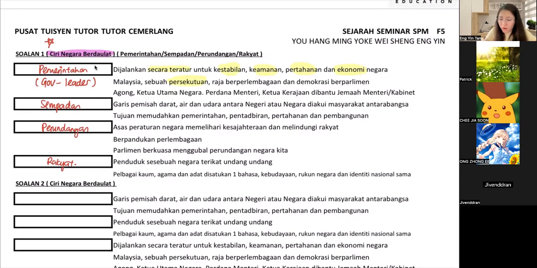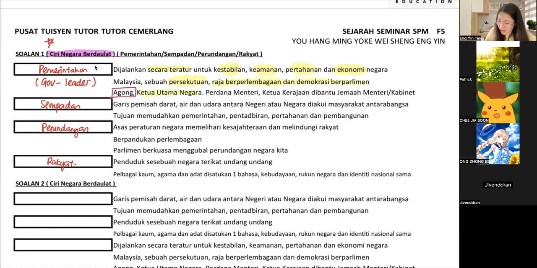And then our government system is Raja berperlembagaan dan demokrasi berparlimen. So meaning we still have the king. At the same time, we are democratic. Berparlimen. So you see, I am explaining our government. And right now, let me introduce you my leader. For our country, we have Agong as our ketua utama negara.